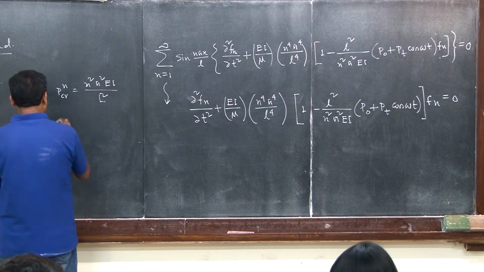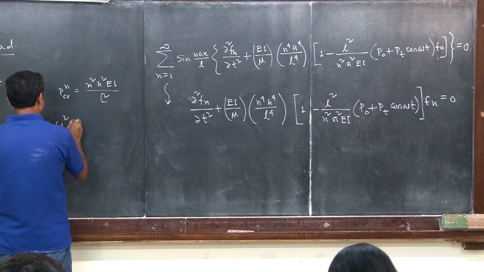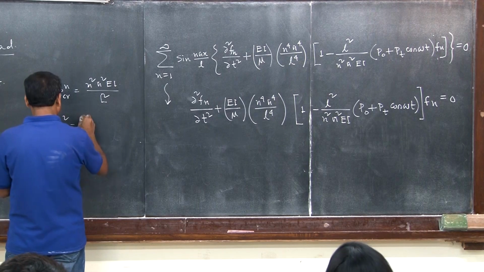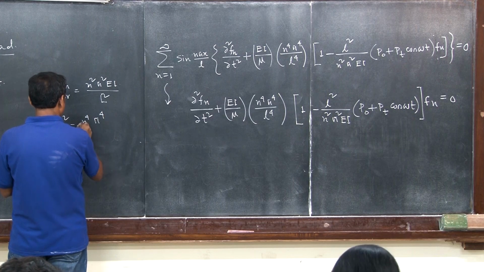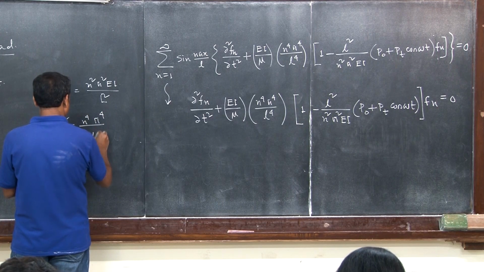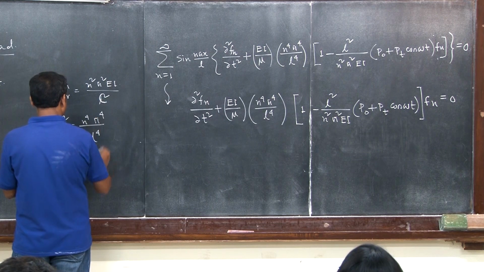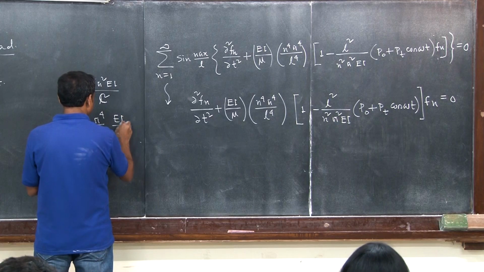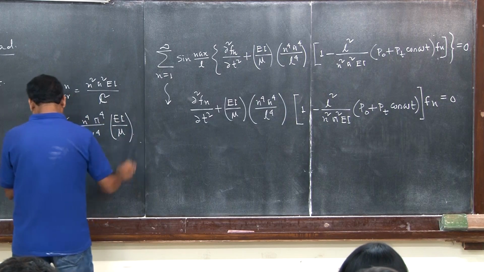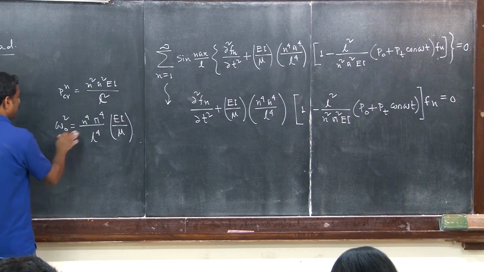Then we also define omega 0 square, where omega 0 is the natural frequency, as n to the power 4 pi to the power 4 EI upon mu L to the power 4. Omega 0 square is the natural frequency in the absence of axial force.